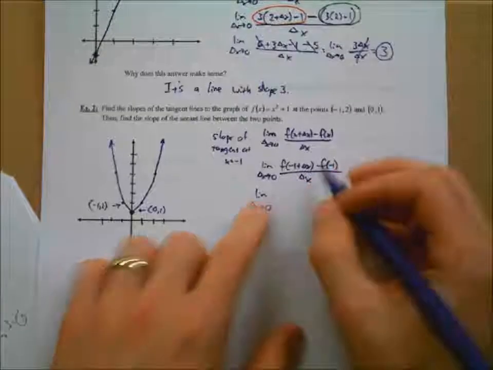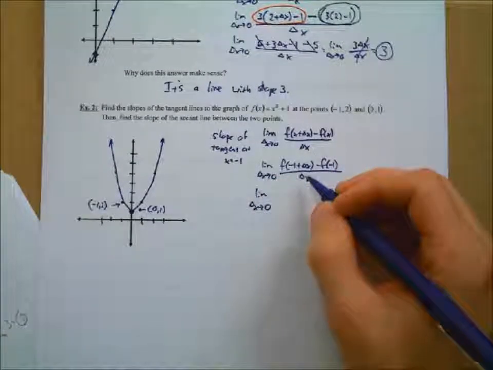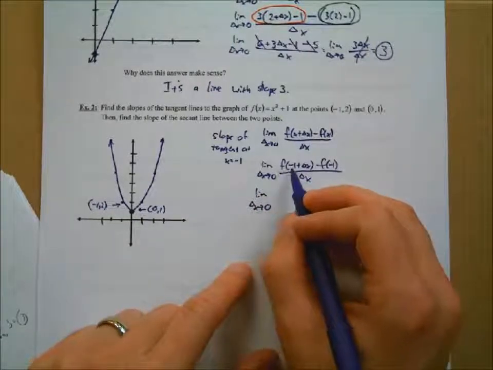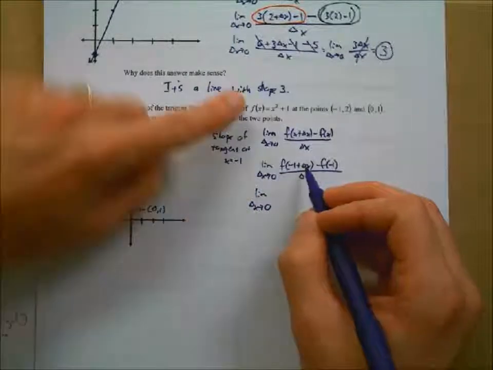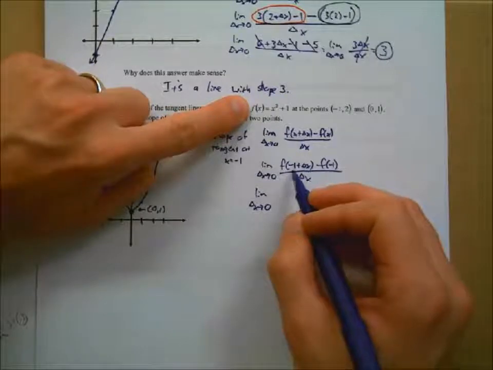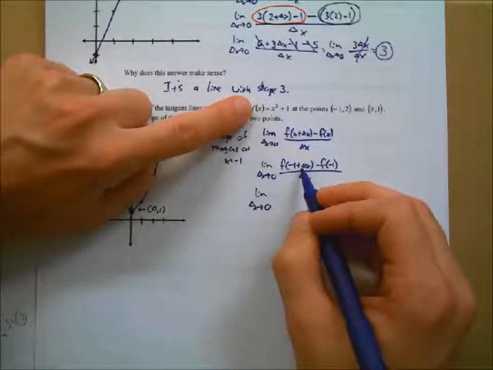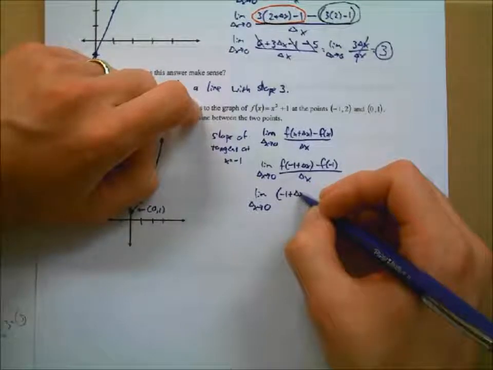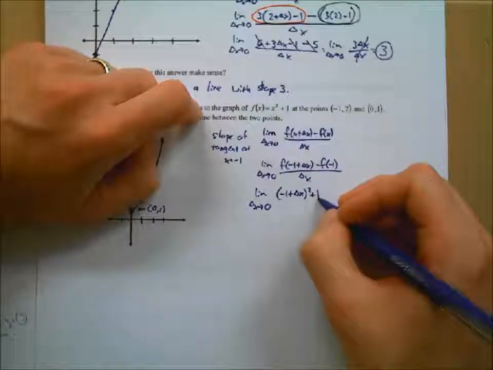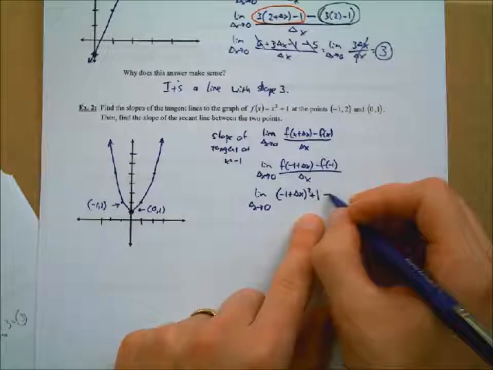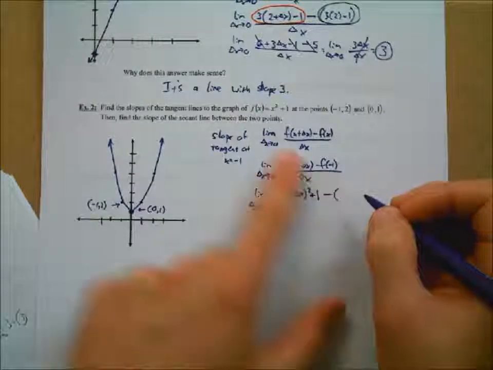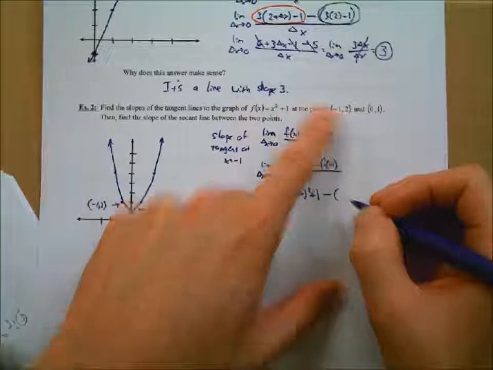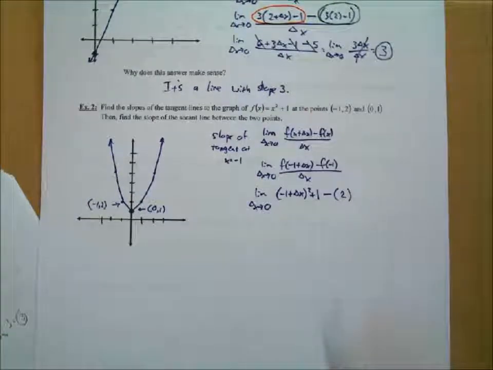Again, probably one of the hardest things to do is this substitution right here, figuring out what f of -1 plus delta x is. But we go back up to our function. The -1 plus delta x is what we're substituting into our function. So it's going to be the quantity -1 plus delta x squared plus 1, minus the quantity f of -1. If you'll permit me, we know what f of -1 is. It's 2. So I'm just going to skip that step this time.